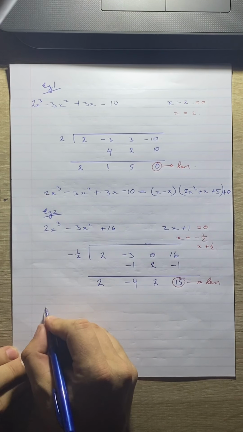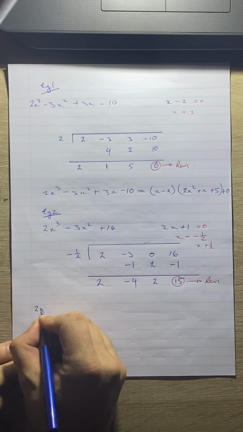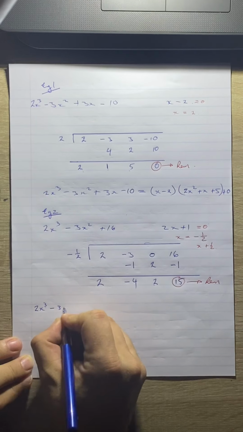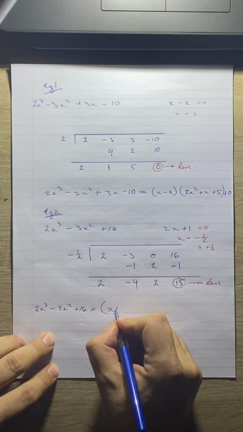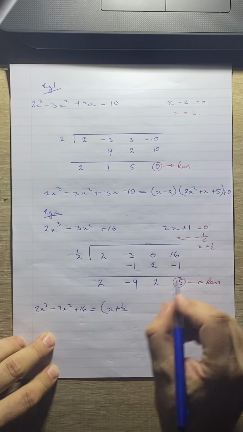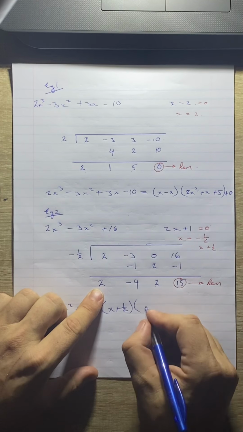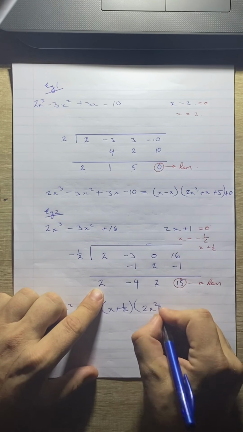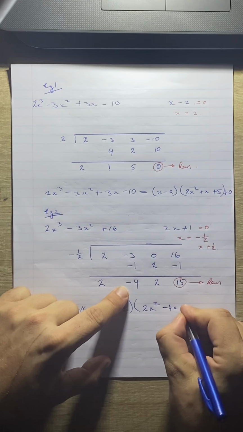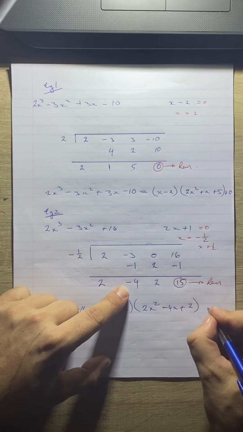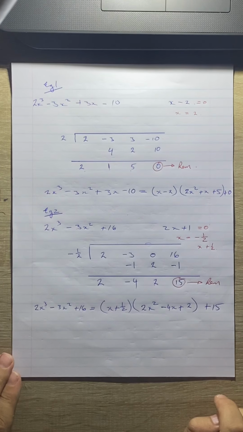So we've got here that 2x cubed minus 3x squared plus 16 is equal to x plus a half, which was this, multiplied by this thing over here. So now it's going to be 2x squared, decrease the power by 1, minus 4x plus 2, plus 15, because you have to add your remainder.